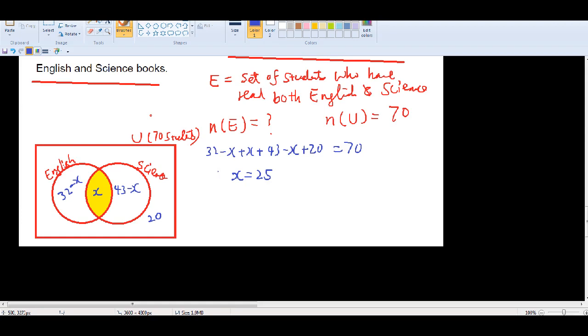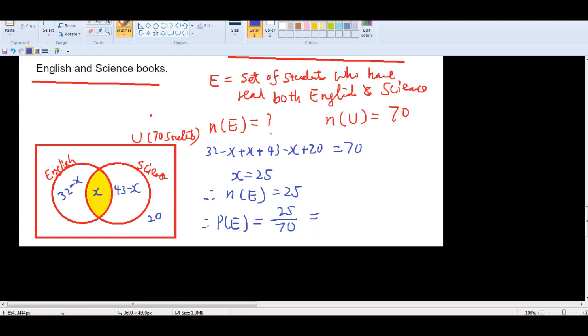So that's 25. That means the number of students in the set E who have read both English and science will be 25. So the probability of such event E will be 25 divided by 70.